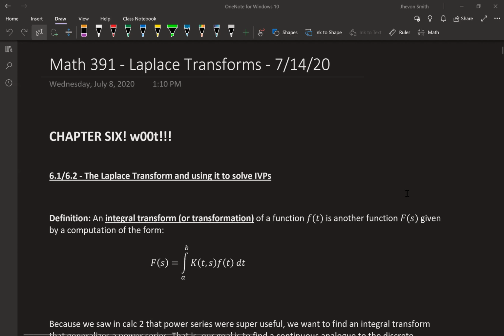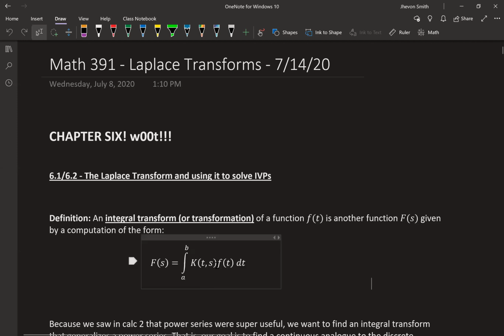So this leads us to the topic of an integral transform or a transformation. A function, you tend to think of it as something that takes values as inputs and outputs other values. A transform or a transformation is something that takes a function as input and outputs some other function. We're going to look at integral transforms, right? So we're going to input a function, namely here, the function is f(t).